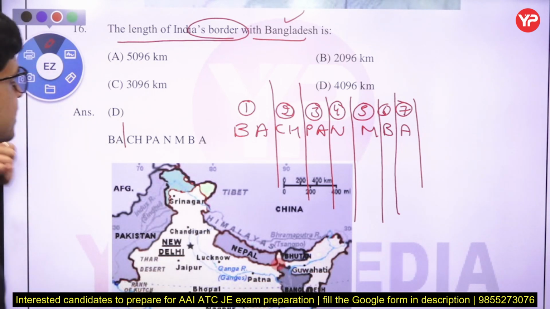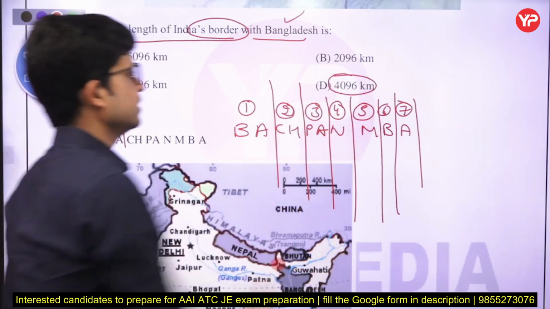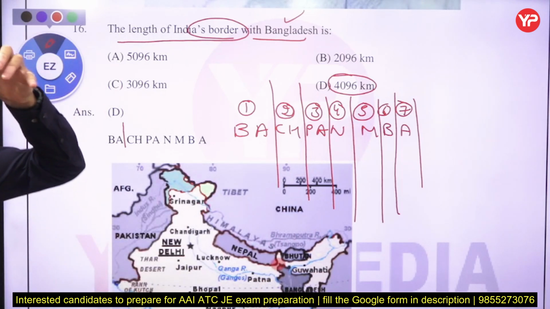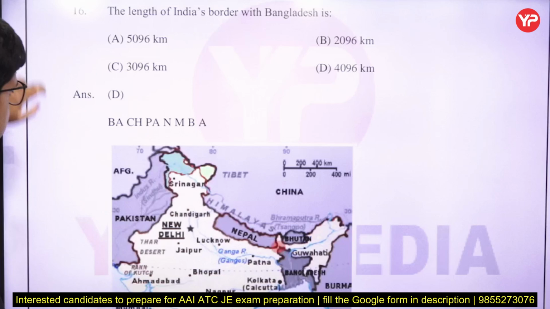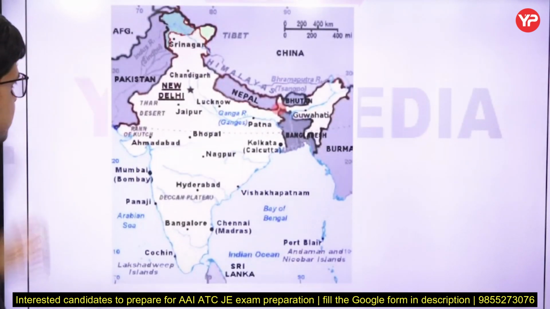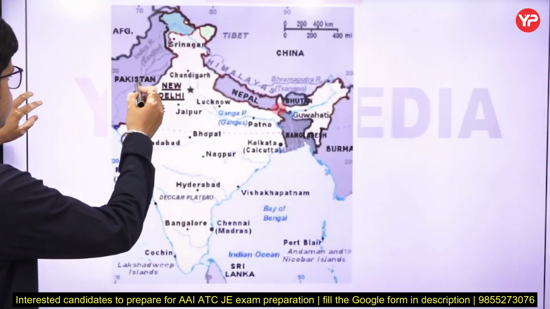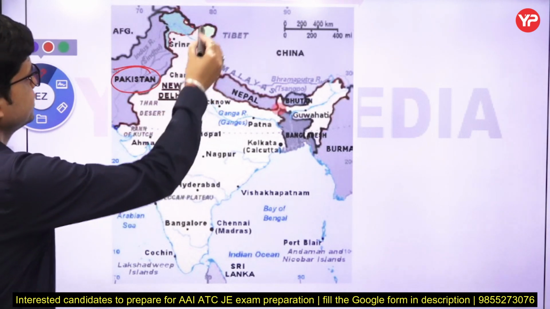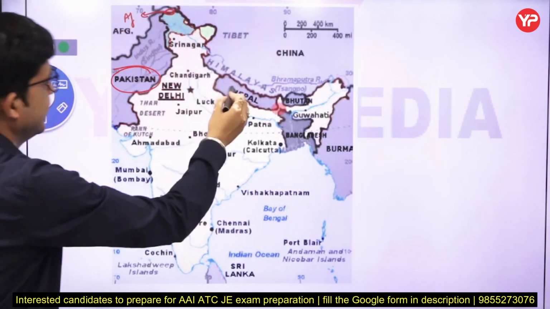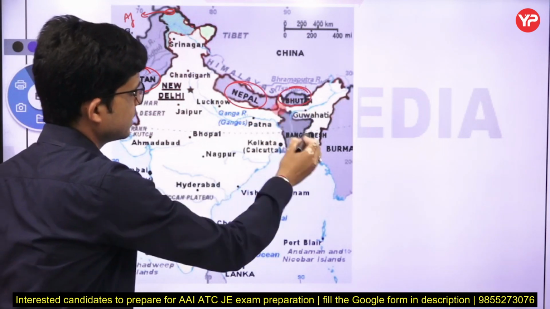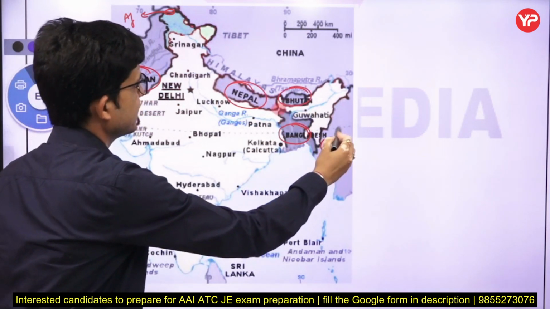So basically 4096 kilometer border is shared with Bangladesh, and here we see the countries India shares a border with. You see clearly that is Pakistan, ठीक है, here is Afghanistan, and here is Nepal, Bhutan, Bangladesh, that is Myanmar.